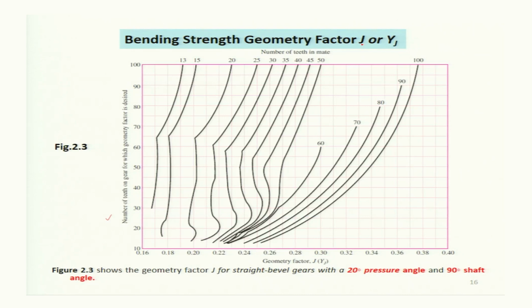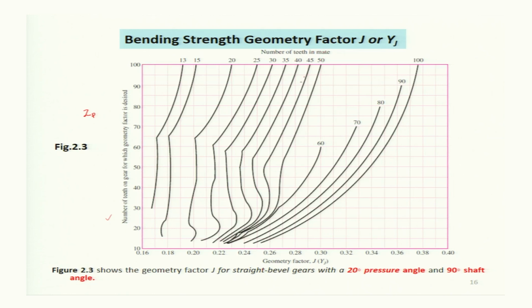Then the geometry factor J, which is used in the bending stress equation, can be determined from this figure, where on the y-axis is the number of teeth on gear for which geometry factor is desired. So, if you want to determine geometry factor for the case of pinion, then you will select the value of Z pinion on this axis, okay, and along the x-axis here the number of teeth in mating gear is given.